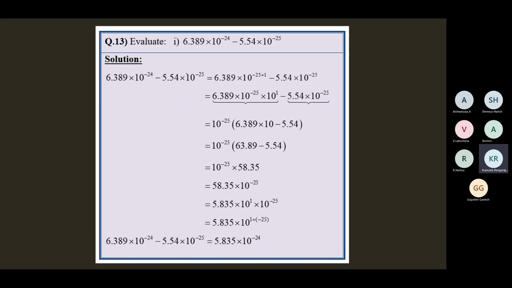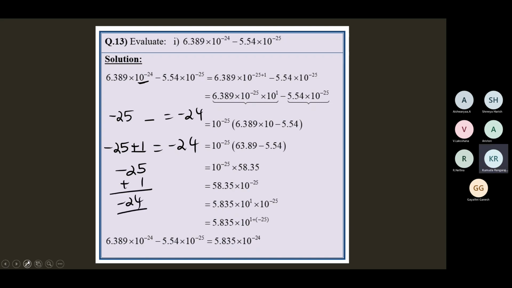For that, you need to write this 10 to the power minus 24 using minus 25. Minus 25 and what will give you minus 24? Minus 25 plus 1. Minus 25 plus 1 is minus 24.